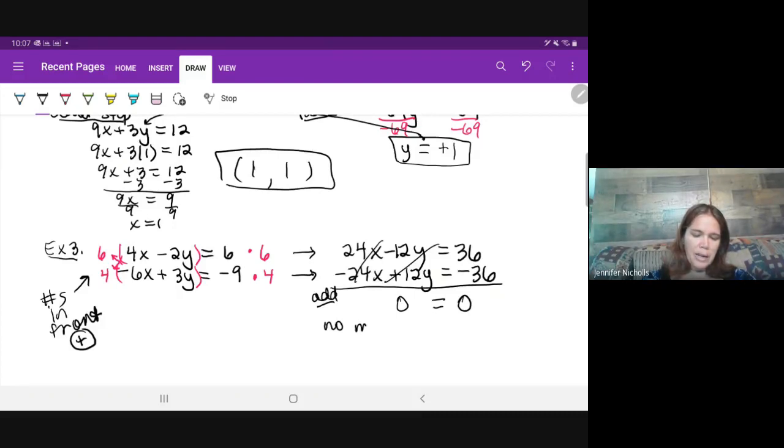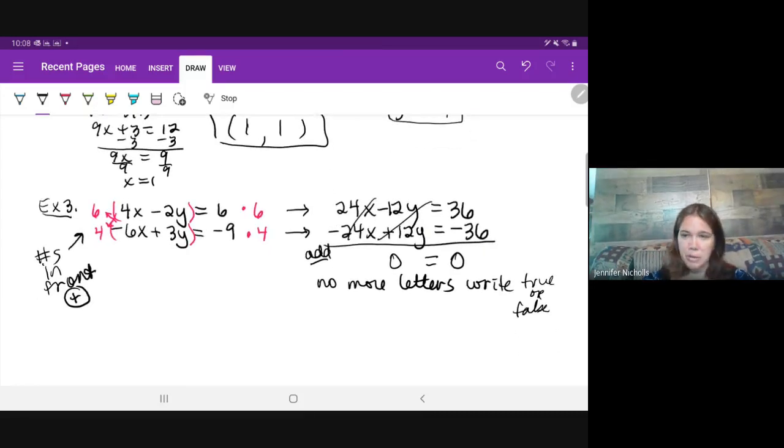Okay, so write this. If there's no more letters, then you're going to write true or false. So do you feel like this one's true or do you feel like this one's false? What if you had 8 equals 0?